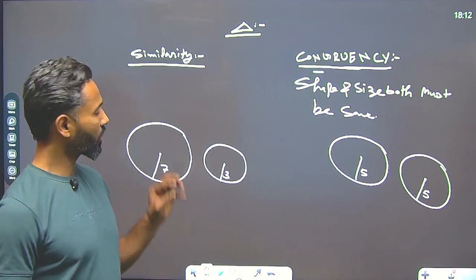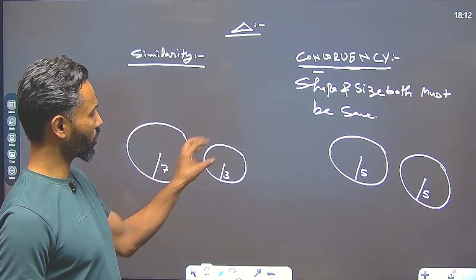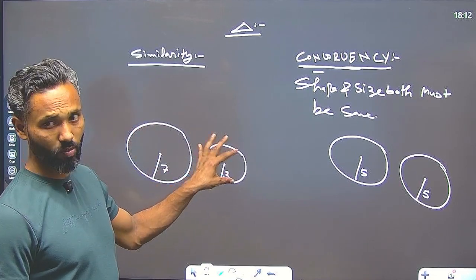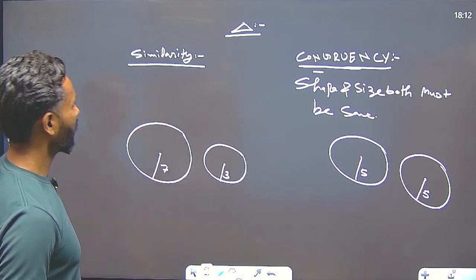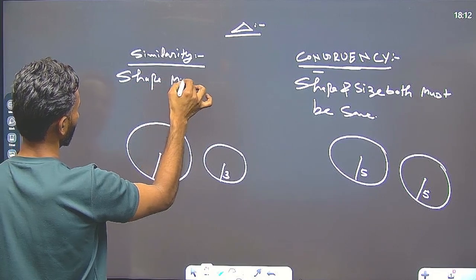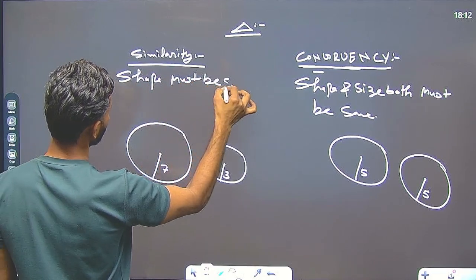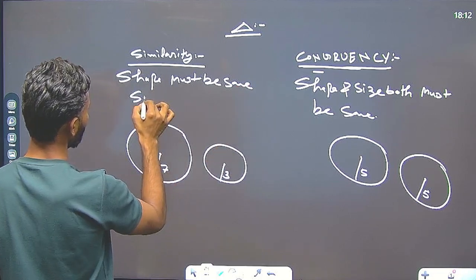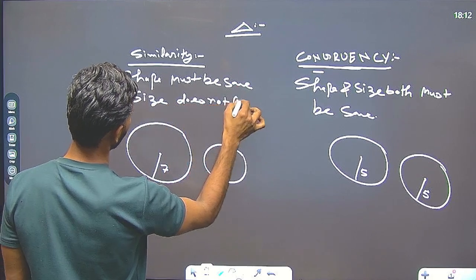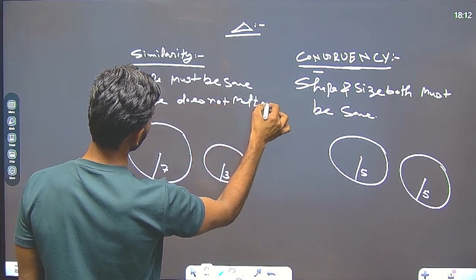We can say the shape is the same because both are circular, but the size is not the same. This one is larger and this one is smaller. So in similarity, shape must be the same. Size doesn't matter. Understand that?